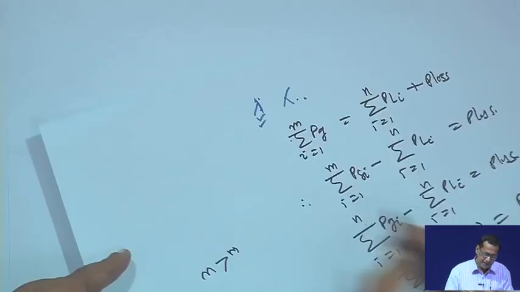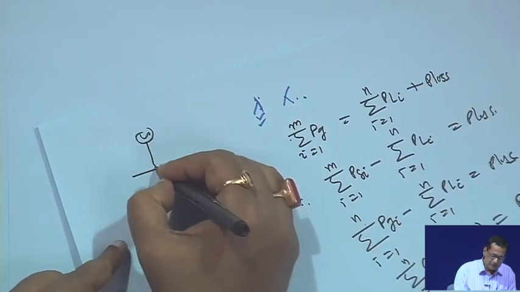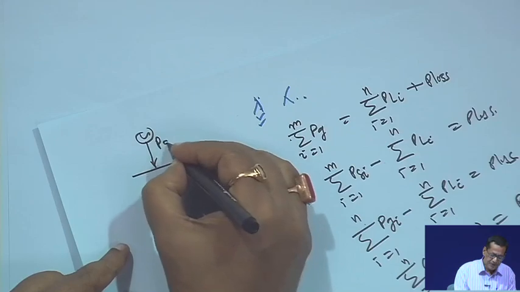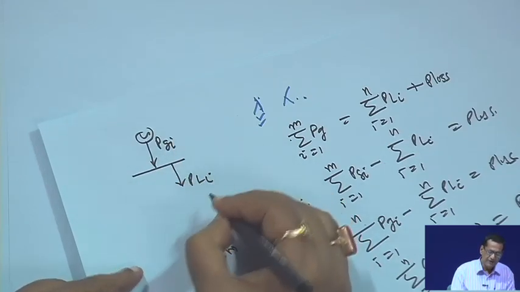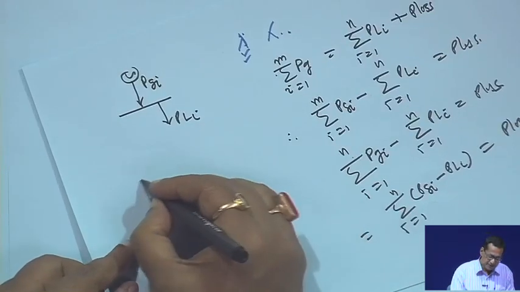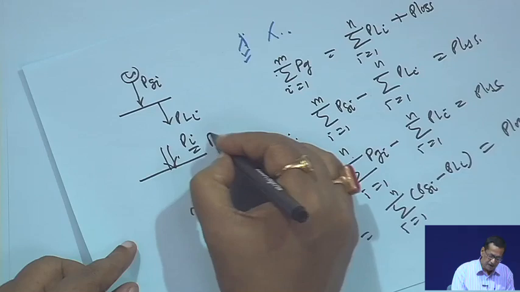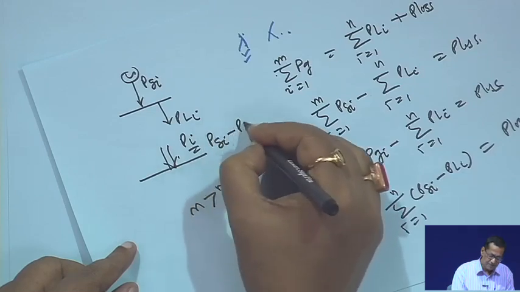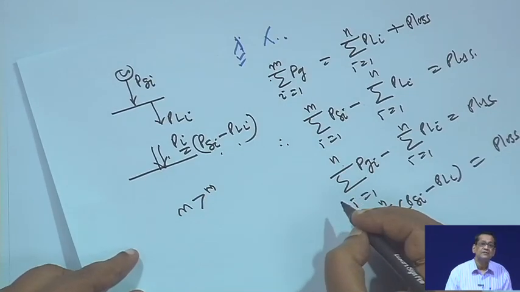Now, the net injected power we know. This is your generator PGI and this is your load PLI, only real power we are considering. That means the net injected power PI is PGI minus PLI.